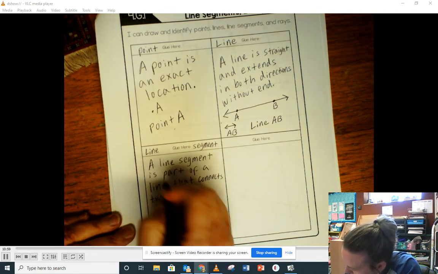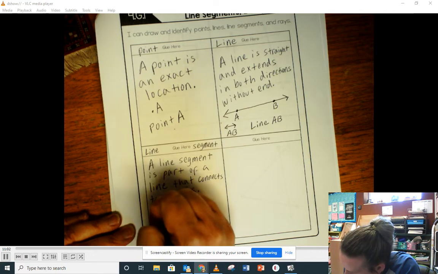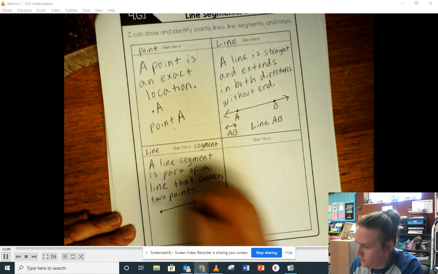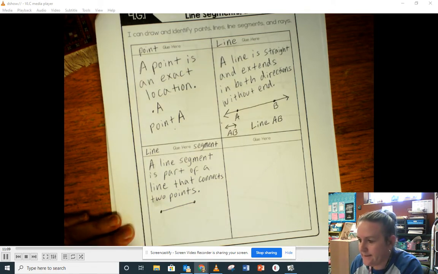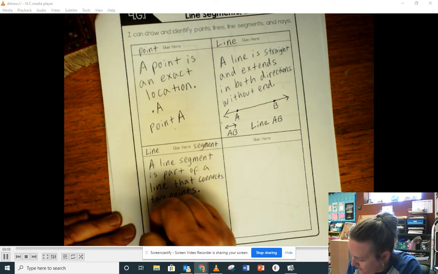Okay, how do we draw that? We have 2 points that are connected by a line segment, part of a line.